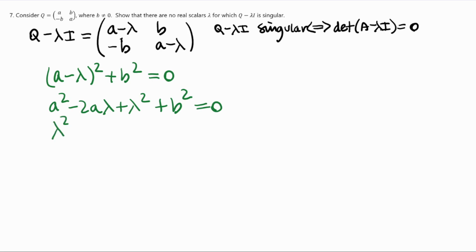So I'm going to again write this as a quadratic. And then, a squared plus b squared. And again, I'm going to label these as a and b and c, and I'm going to check b squared minus 4ac.